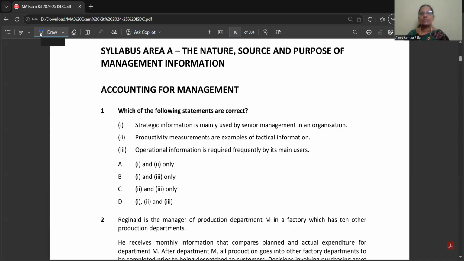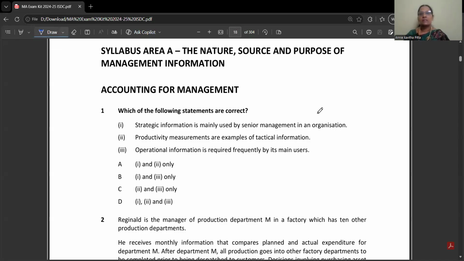At this point, what we need to understand is the hierarchy of an organization, which has three levels. At the top, we have the top management, which we also call the strategic level. The middle we call the tactical level. Other names are also used: management level, functional level.